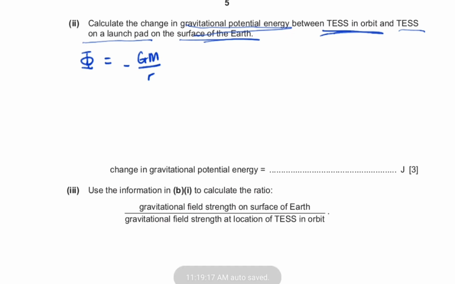Gravitational potential is like a gravitational force field, but for the energy. So it's telling you how much energy a certain unit mass has at a certain position. It is not the ultimate energy of the mass, but it is like telling you at this position, 1 kilogram of mass would have this much energy.